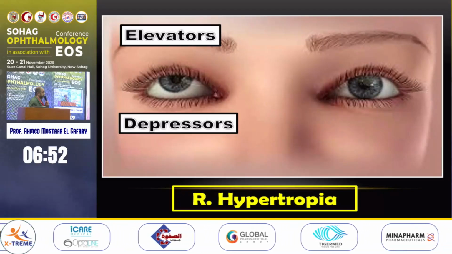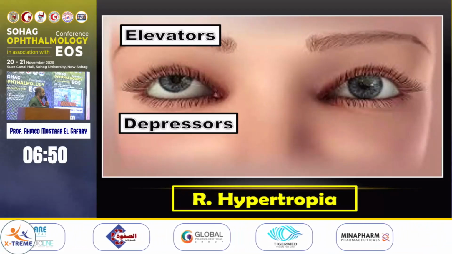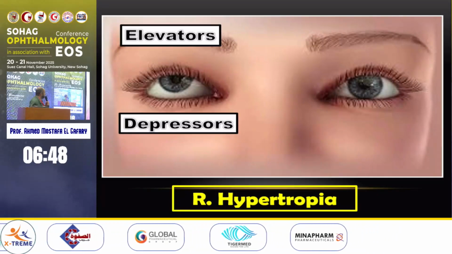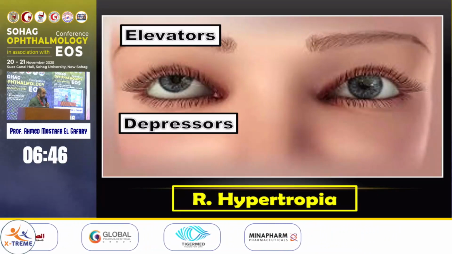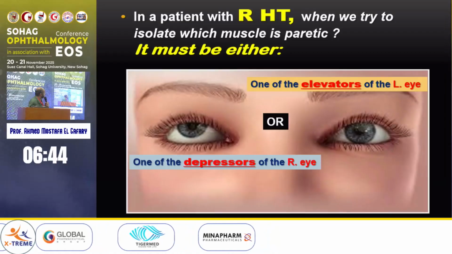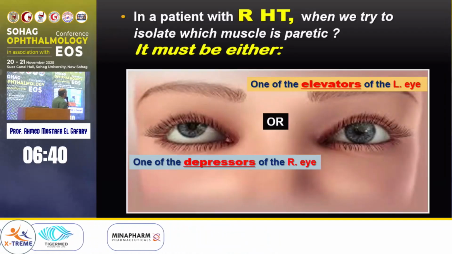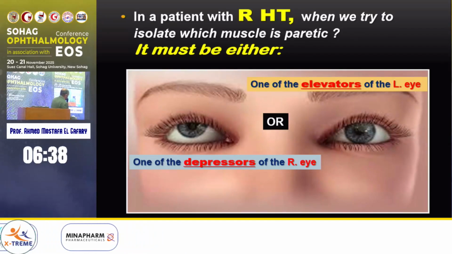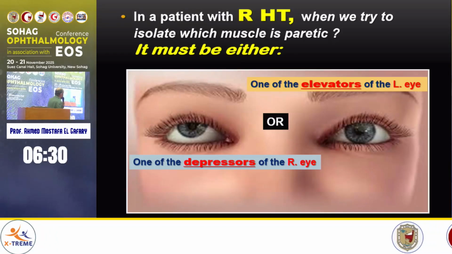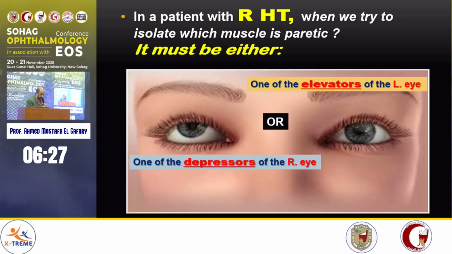Returning back to this photo and the normally present balance between elevators and depressors in the normal state. In a patient with right hypertropia, when we try to isolate which muscle is paretic, it must be either the depressors of the right eye or the elevators of the left eye.